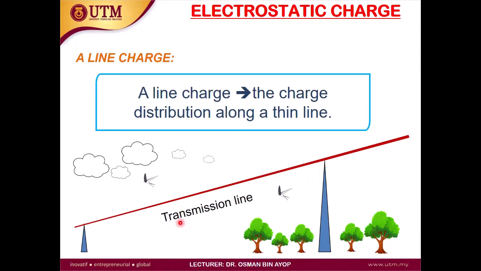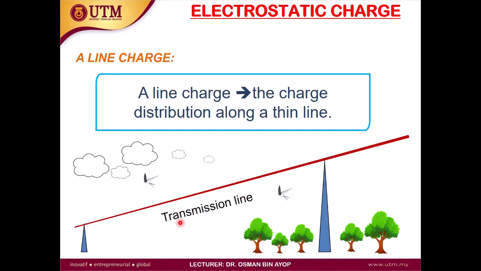Sometimes we can define a charge system under two different conditions. For example, let's say I have a sphere charge, a sphere containing charge inside. So we can call it a volume charge.